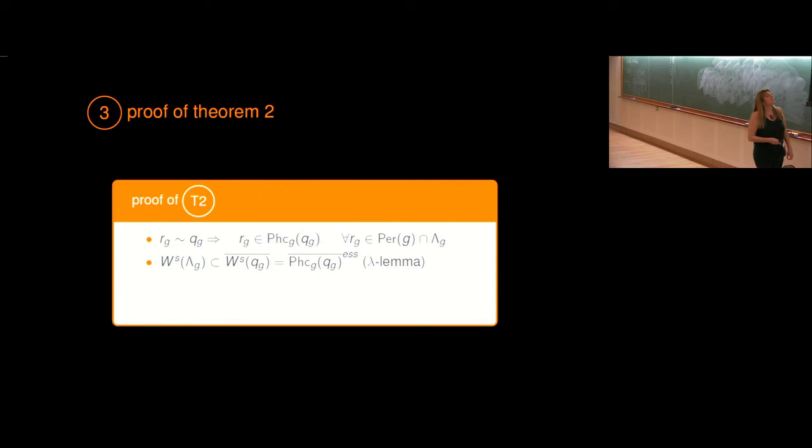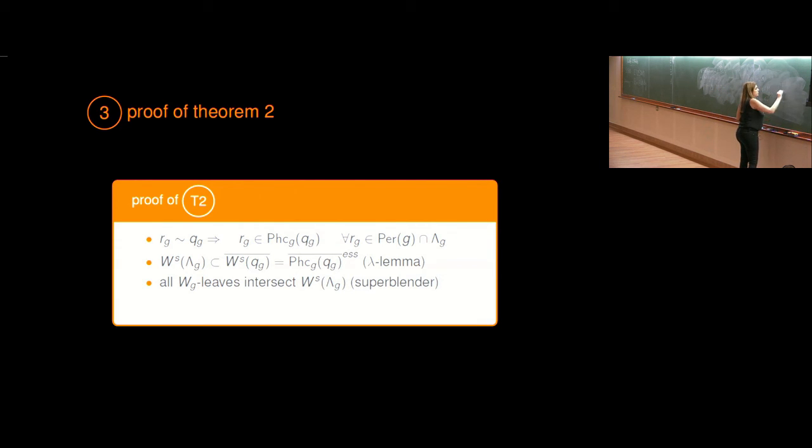Okay? But now the superblender property comes in. All G leaves are well placed. And remember that all well-placed leaves cut at least one stable manifold of the hyperbolic set. Okay? Remember I said that the superblender had that property.